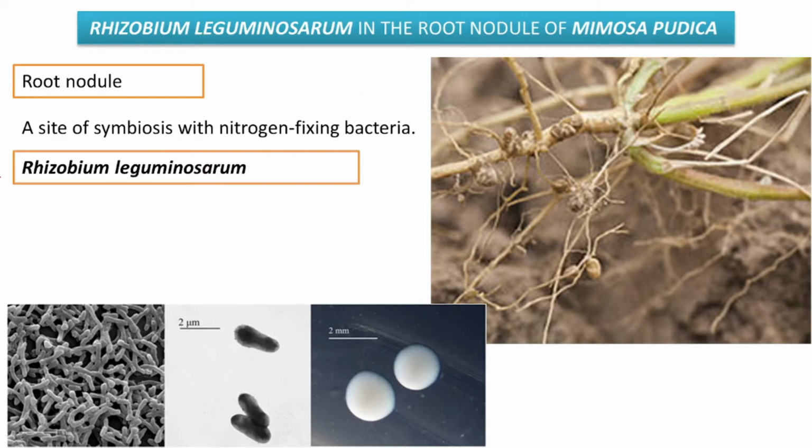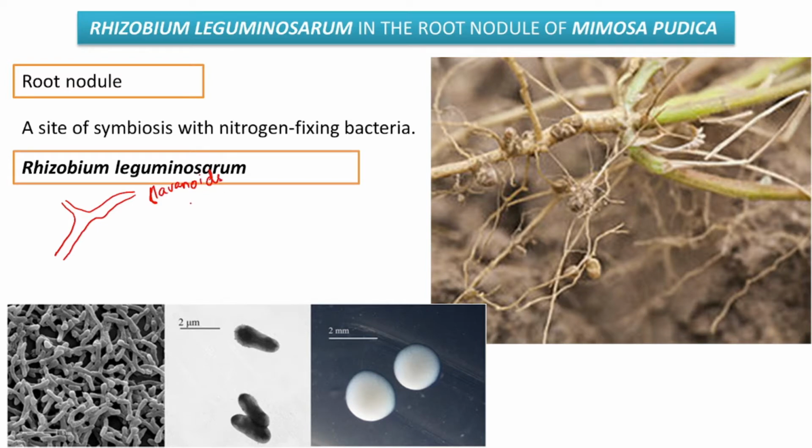Next, I am going to explain about how this nodule is forming. The roots of this leguminous plants, I will draw here. Suppose this is the roots of the leguminous plants. They produce a secondary metabolite called flavonoids.